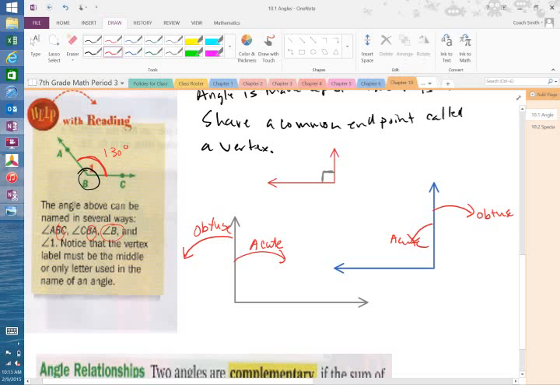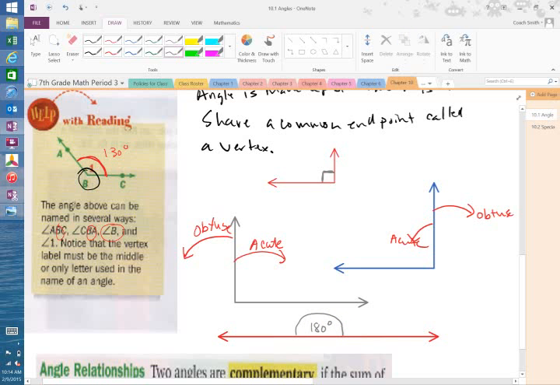We talk about a straight angle. A straight angle is just simply a straight line. In that straight line, you have 180 degrees.